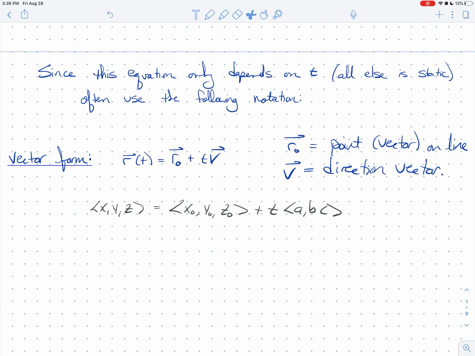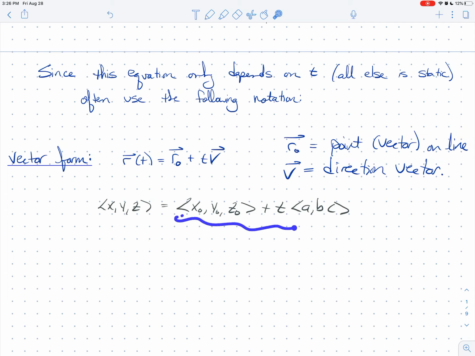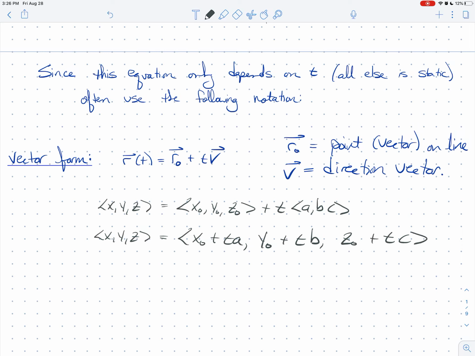And I want us now to realize that if we want to, we can combine these vectors together, and we can say, all right, this is x, y, z, and I get the vector x naught plus t times a, comma y naught plus t times b, comma z naught plus t times c.